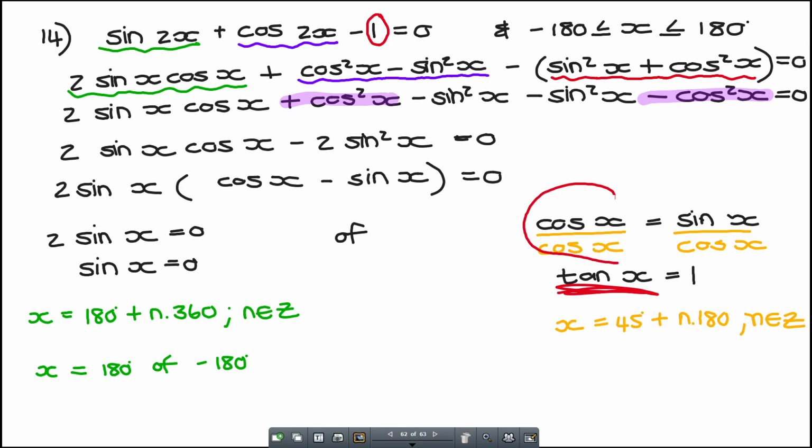And cos x over cos x is 1. Sê nou reg. Good. And then that tan x is equal to 1 gives me my reference angle. So dan gaan sê jy mos nou shift tan 1, and that gave me the 45. And remember, n times 180, want tan se periode is mos 180 grade. You guys good? Julle reg?